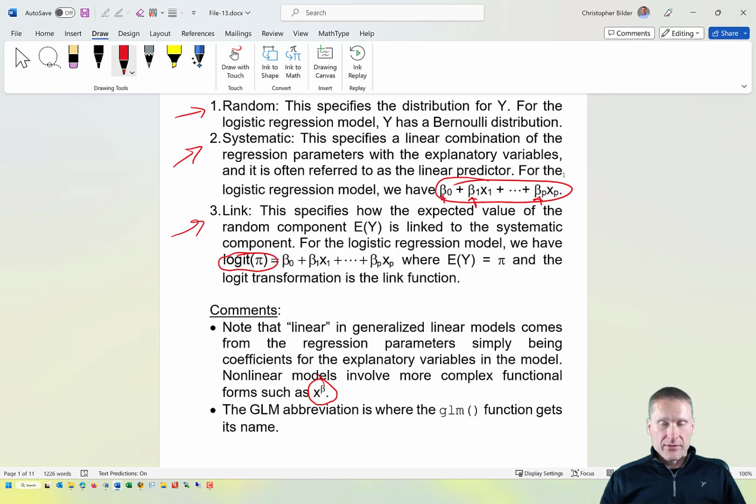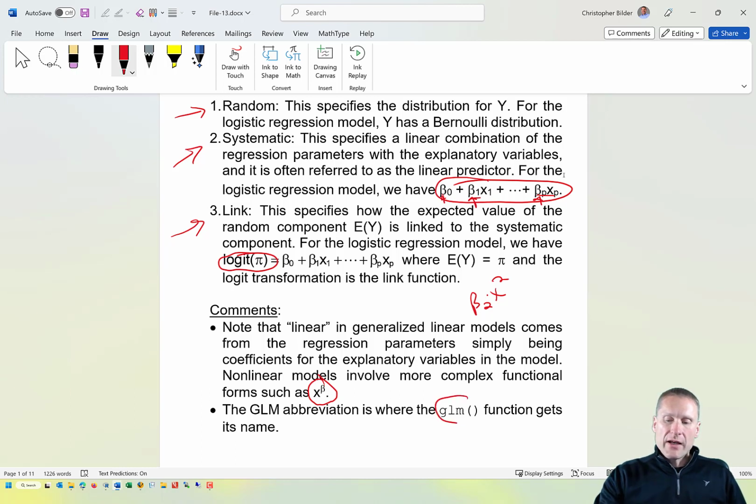So in that setting, the beta regression parameter is in a nonlinear format. Here, since we take this linear combination, we have a linear format. Note, in the past we've talked about how to allow, for example, a quadratic term in the model. Maybe you have beta 2 times x raised to the 2 power. This is still part of a generalized linear model because I have this linear combination of the betas with the x.